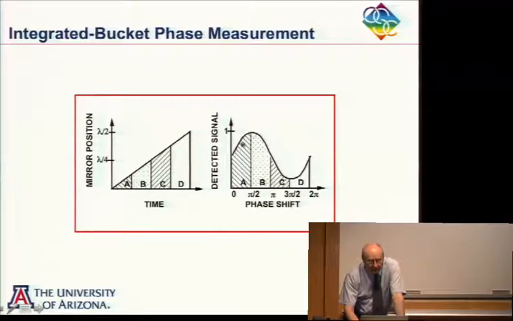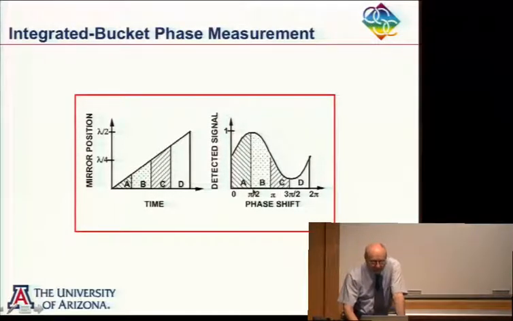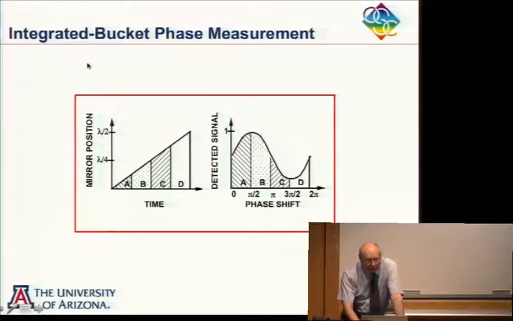And so I'm going to be integrating the intensity under this cosine as the phase changes by 90 degrees. And then I'm going to read out the detector very fast. And then I'm going to integrate the intensity again while the phase changes by 90 degrees. And repeat this 3, 4, 5, 6, 7 times, whatever. And so this is integrated bucket or phase shifting.